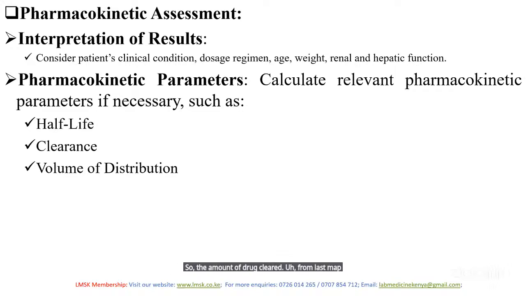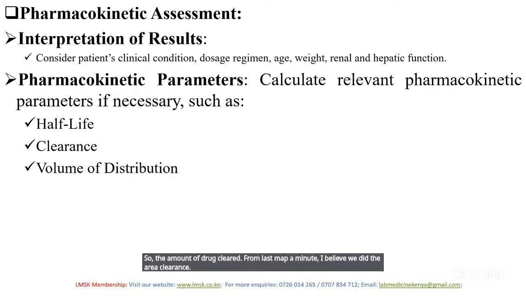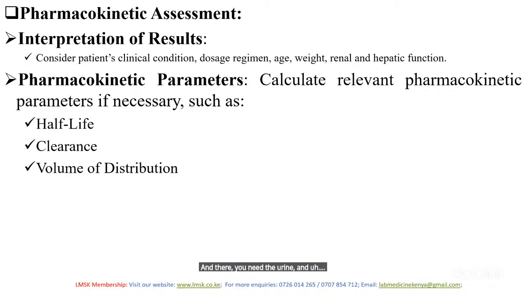I believe we did urea clearance, and there you need the urine and you need the plasma. The other thing is volume of distribution. When you talk about volume of distribution, we just mean you divide the dose over plasma drug concentration. Because after you do monitoring, you will have plasma concentration, then you can calculate what we call VD.